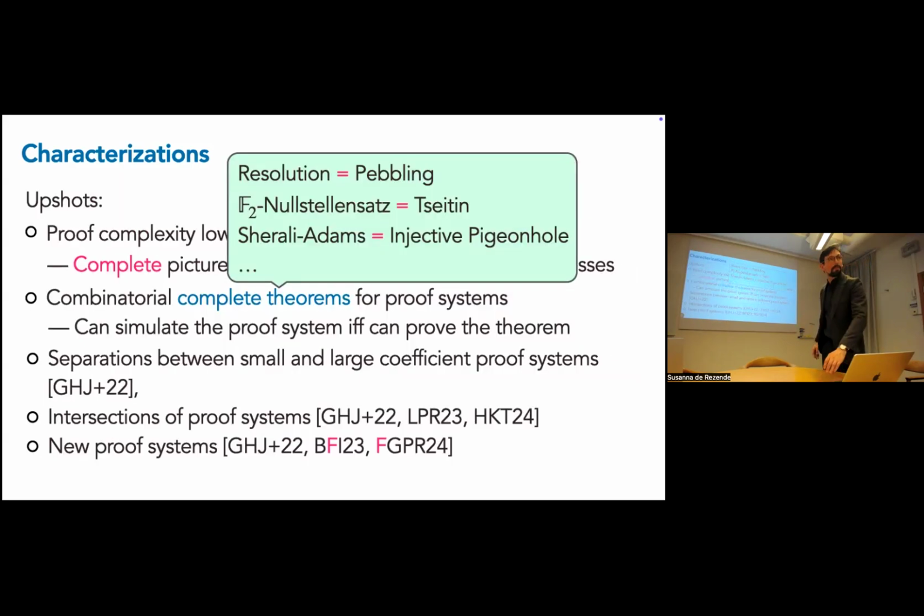Can I ask again? Sorry. So for instance, the second bullet, this complete theorem thing. Do I understand correctly that my proof system can simulate resolution in whatever efficient simulation sets we have, if you can do small polylogarithmic width proofs of unsatisfiability?